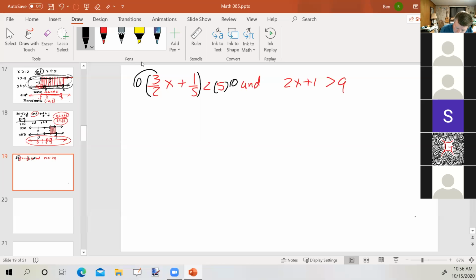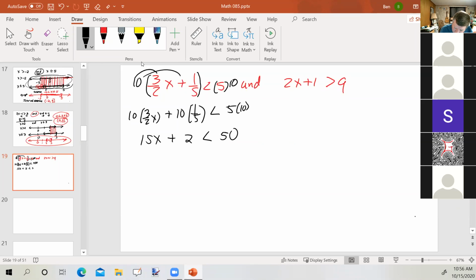So I'm going to get 10 times 3 halves x plus 10 times 1/5 less than 5 times 10. So that's 15x plus 2 less than 50.